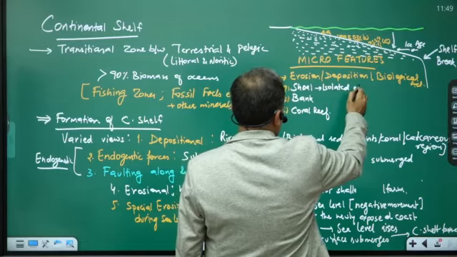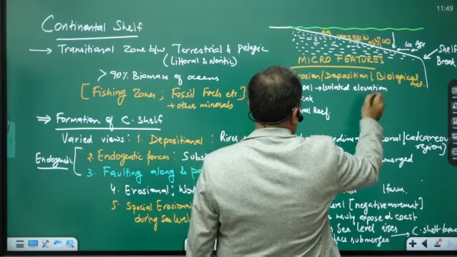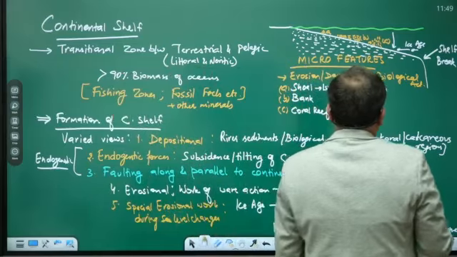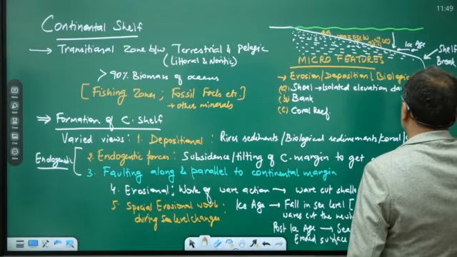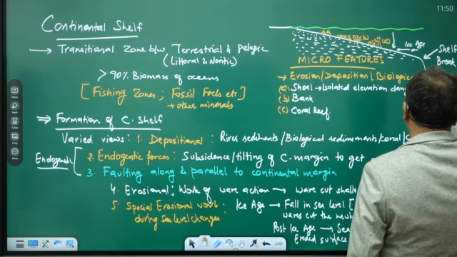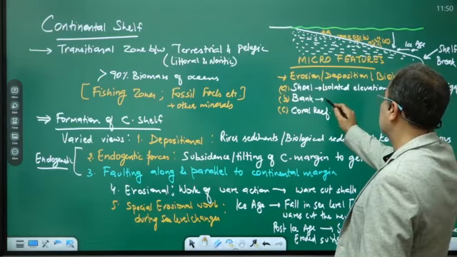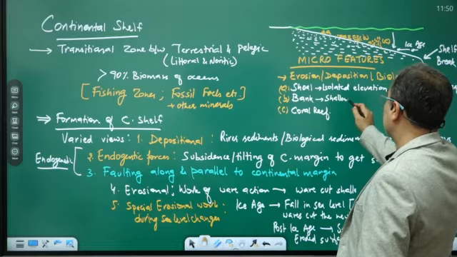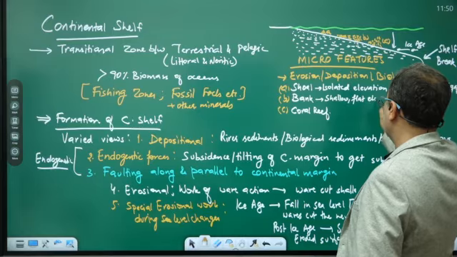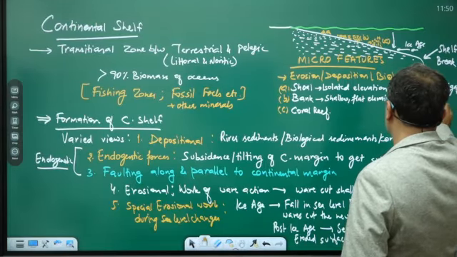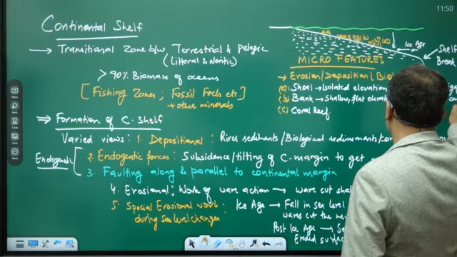Shoal: isolated elevation, dangerous for navigation. Bank: shallow, flat elevation, good fishing conditions.